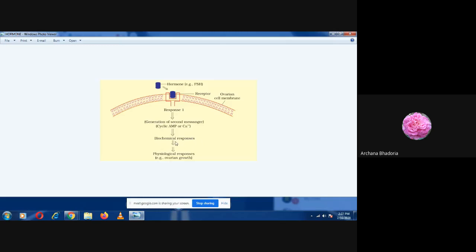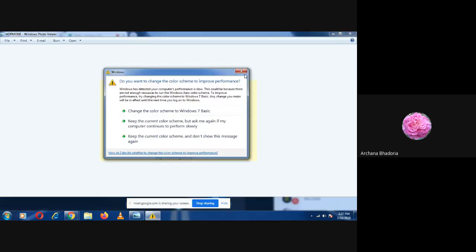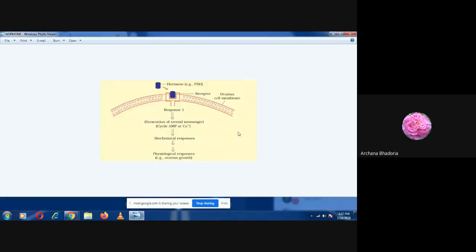And as the biochemical responses are seen, the physiological responses will be shown by that organ. And what is the physiological response? In the case of ovary, ovarian growth will be there and the ovarian follicles or Graafian follicles formation will take place. How many have understood?